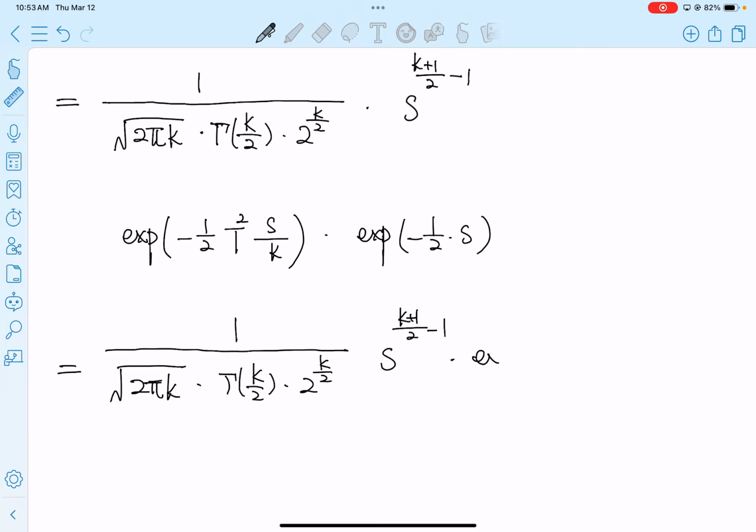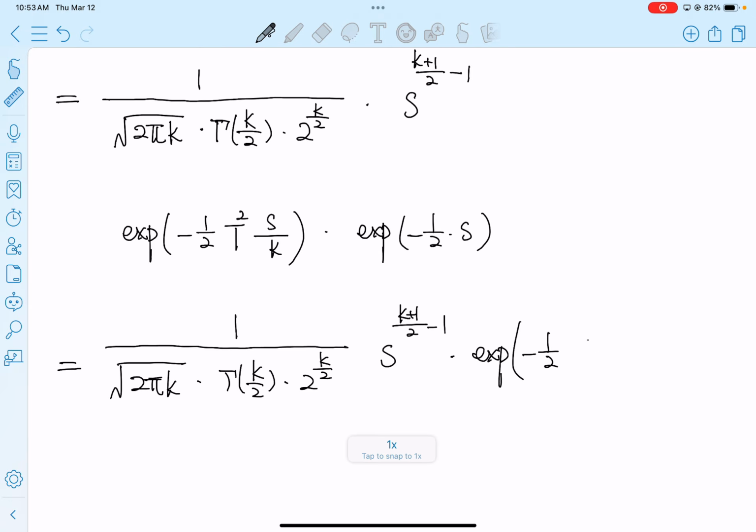Sum them together, you will have the exponential negative 1 over 2 t squared over k plus 1 as a fraction multiplied by s. So I'm just grouping the constant in front of the s. You have the copy of t squared over k, and then a 1 here. So we have the sum of the t squared over k, and then plus 1 shared by the s in both terms.